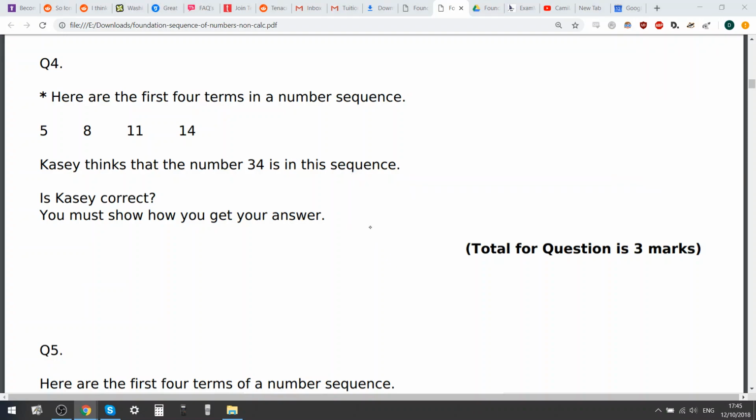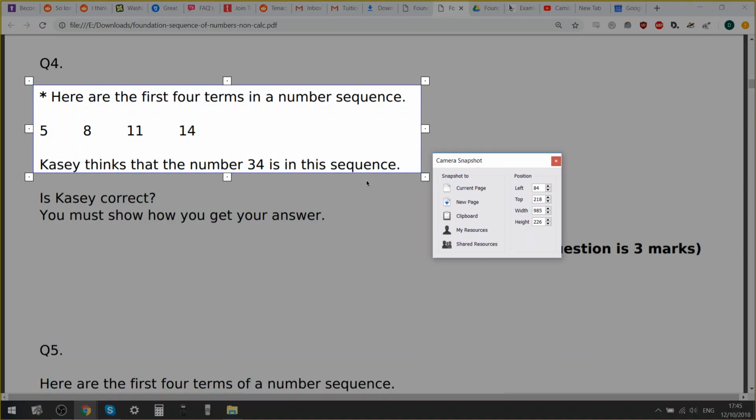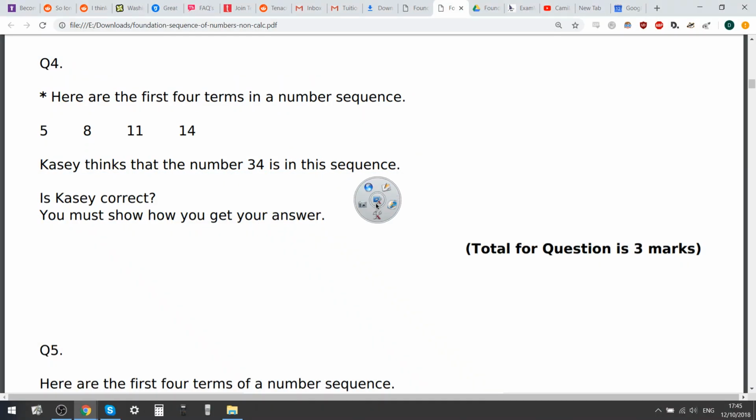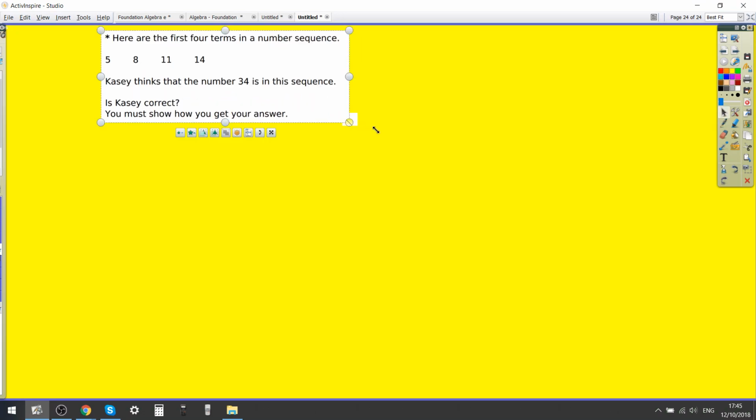Okay, how do we do this? First 4 terms in a number sequence. Casey thinks that the number 34 is in this sequence. Is Casey correct? Show you've got your answer.